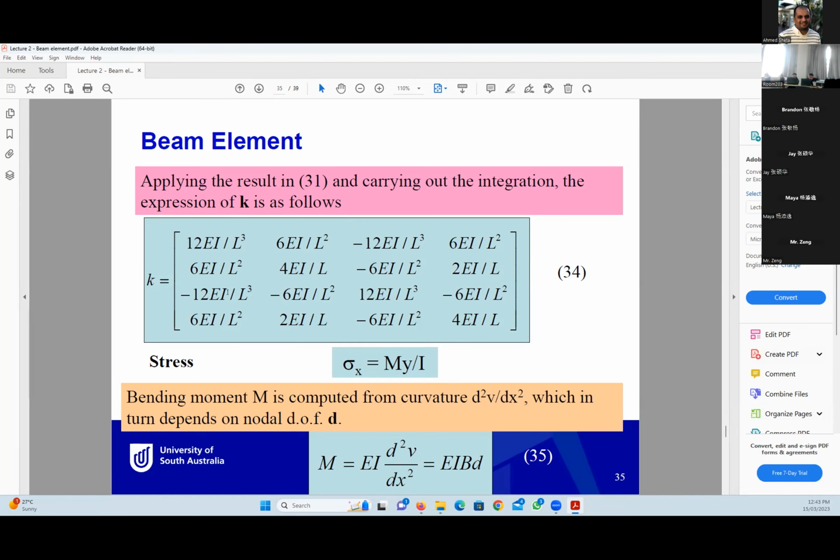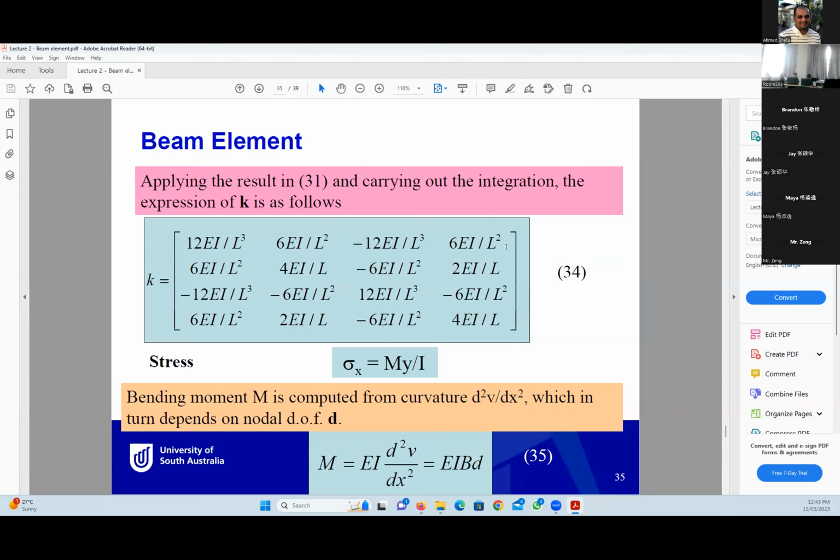For row 3, what do you notice? Row 3 is the negative of row 1. Row 4 is 6EI by L squared, 2EI by L, negative 6EI by L squared, 4EI by L.